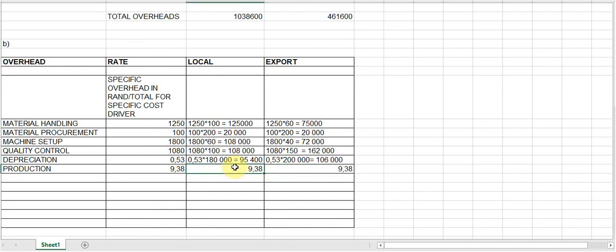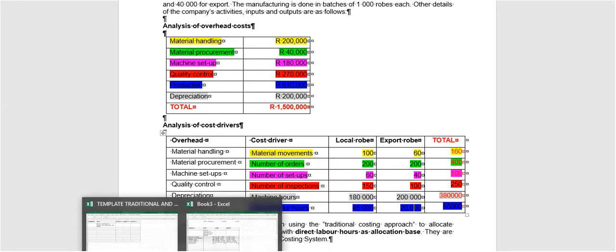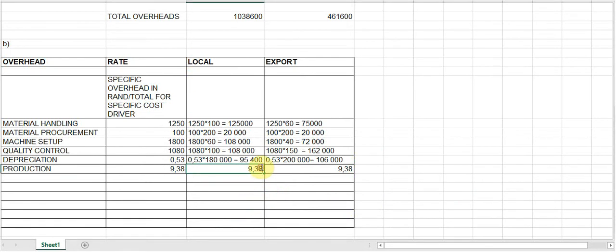And now I need to multiply. I'm multiplying by 45,000 and 20,000 respectively. Right, I'm typing that into my calculator.